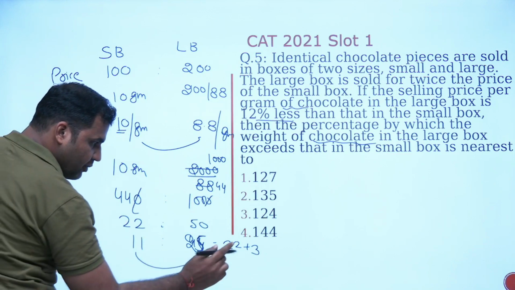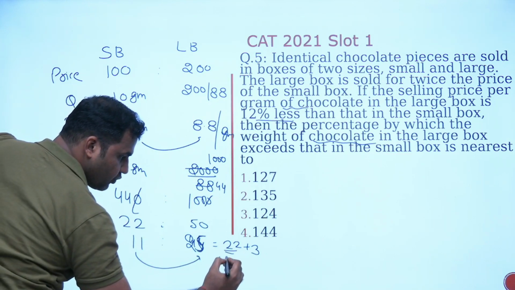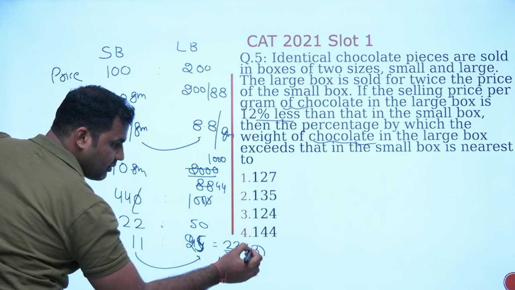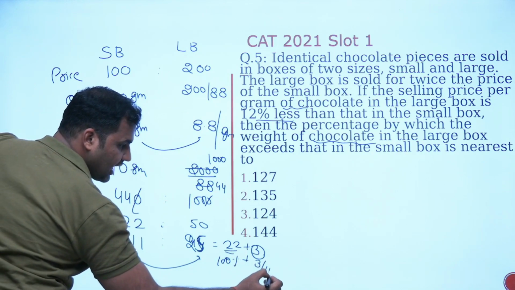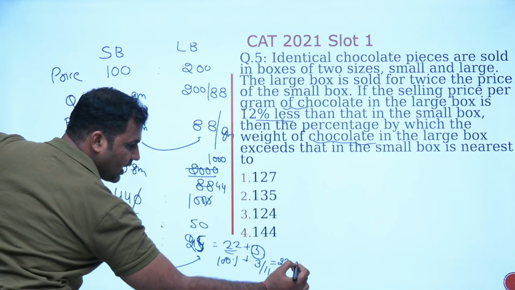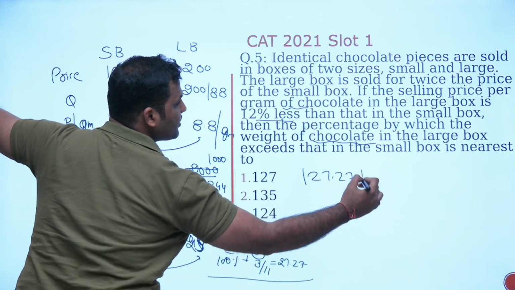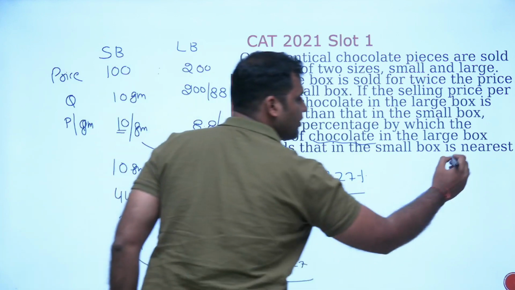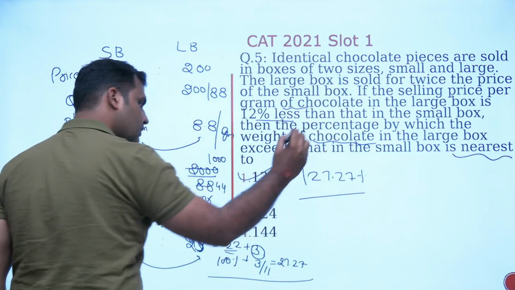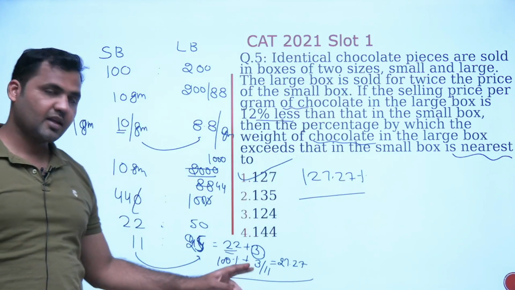Now when the value becomes double, the increment is 100%. An increment of 3 on the base of 11 is equivalent to 27.27. So total it will be 127.27% more. Because the question is asking this is nearest to, the answer will be the first option, right?